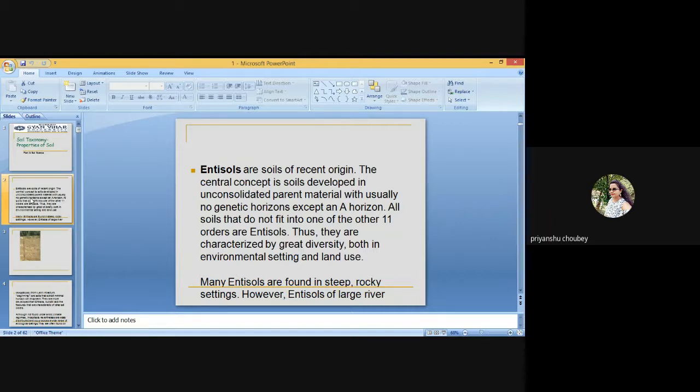One of the most important topics here is nomenclature. The nomenclature used in soil taxonomy is based on coined words from Greek or Latin language.